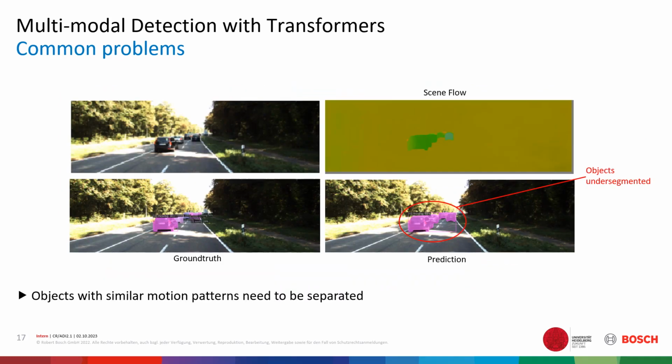Moreover, in common driving scenarios, we encounter multiple objects moving collinear with the same motion pattern. This leads to an under-segmentation of the scene. If such cases have never or rarely appeared in the training data, then models will logically not be able to do this. In order to resolve these problems, we combine both modalities and train on more diverse training datasets.